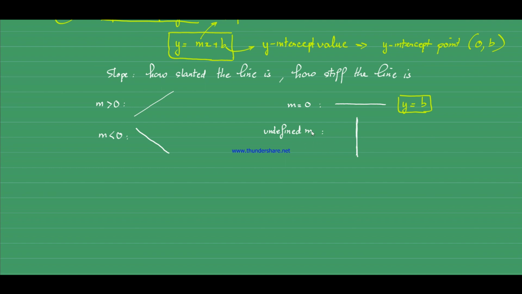However, if we have undefined slope, then your equation could be the vertical line, and in that case the equation will start with x equals a value. For example, x equals 2, then you're going to have a vertical line at 2. x equals -3, then you have a vertical line at -3.